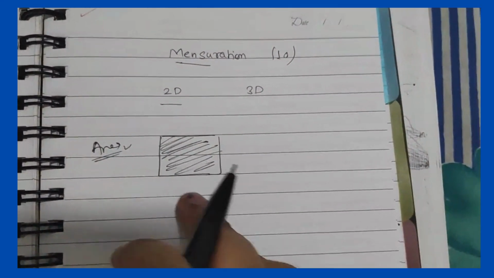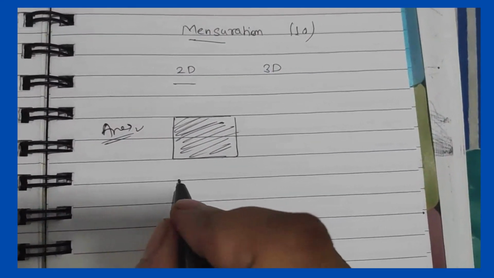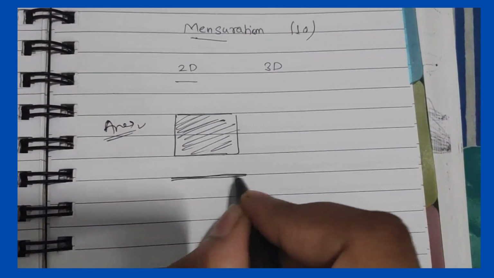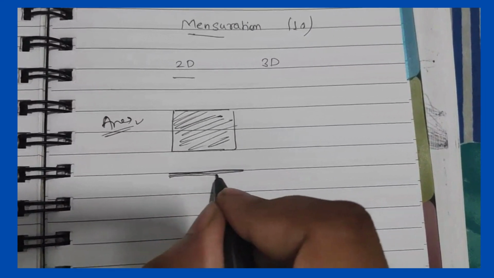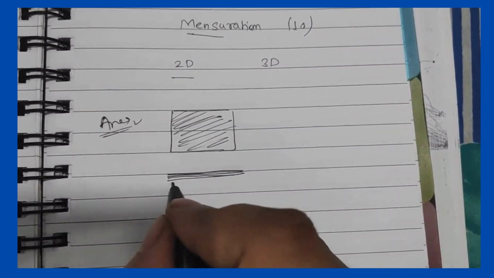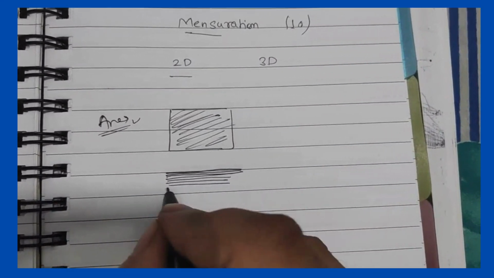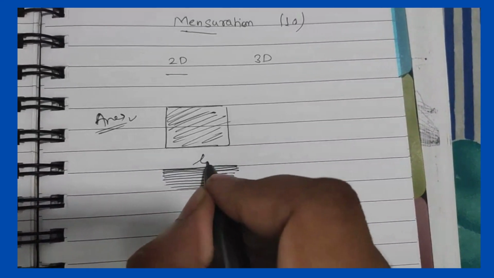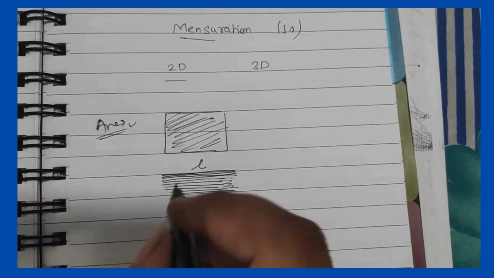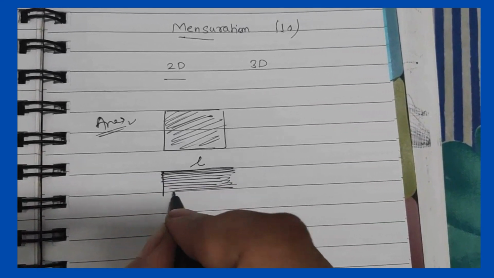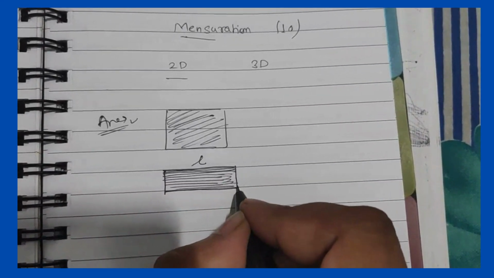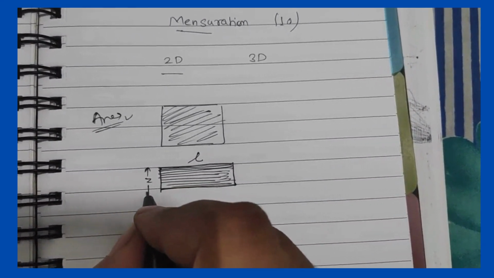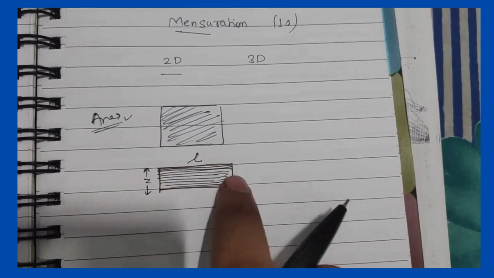If I draw one line, and then draw another line beside it touching it, and another line beside it, like this, line by line, let's suppose the line I drew was of length L, and I have drawn these L lines till some length Z.